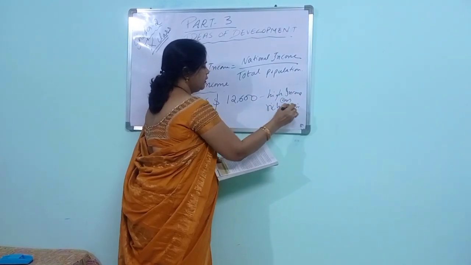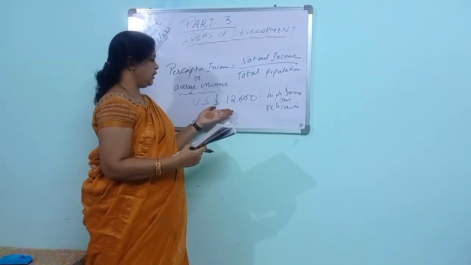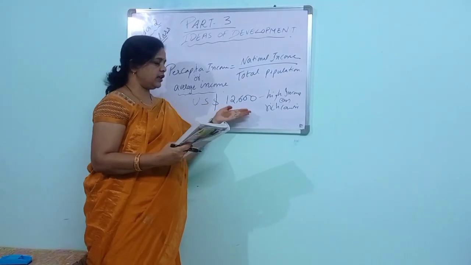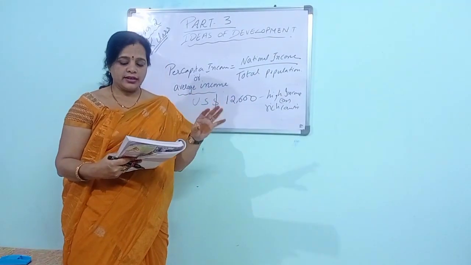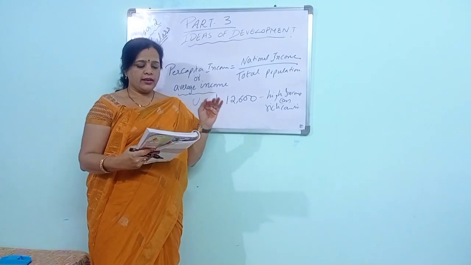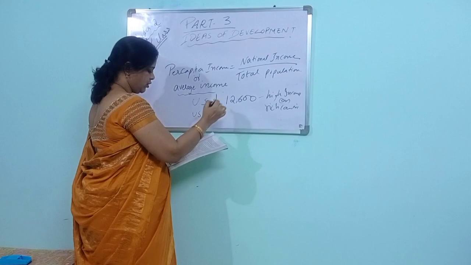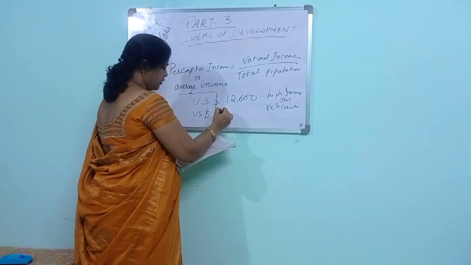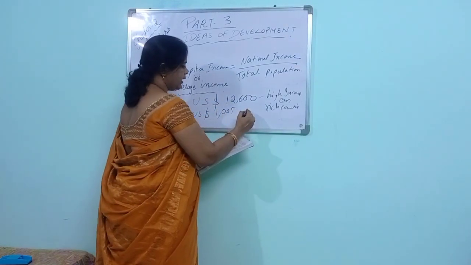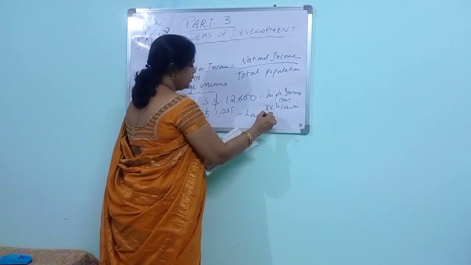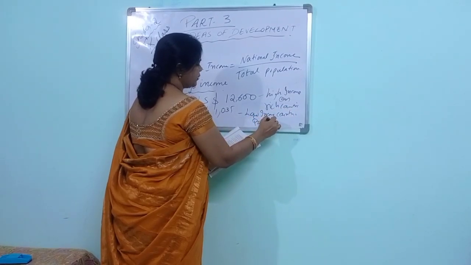If the average income of the people living in a particular country is US dollars 12,600, then those countries are called rich countries. And those with per capita income of US dollars 1035 or less are called low income countries, or we call them poor countries.